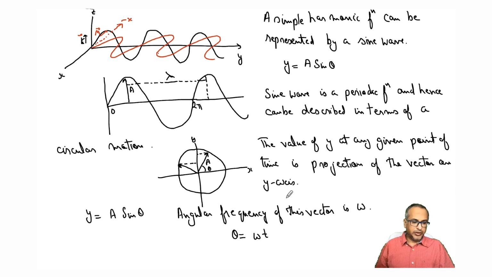That is easy to understand. Now you can describe the wave as y is equal to a sine omega t, because theta is your omega t. Okay, so that should be very clear.